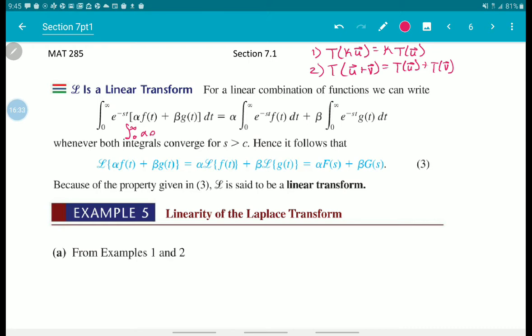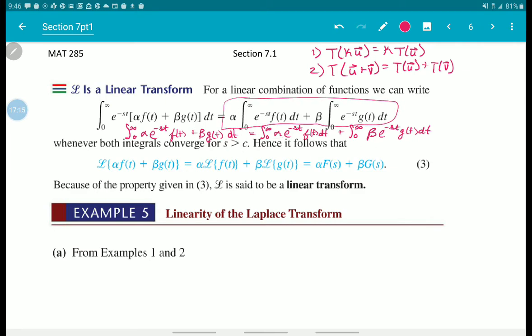So this would be alpha e to the negative st f of t dt. Let me distribute first. And then we could split this up into two integrals. That's using some of the properties that you talked about in Calc 1. And then since alpha and beta are scalars, we could pull those out, and that would get us to this guy.